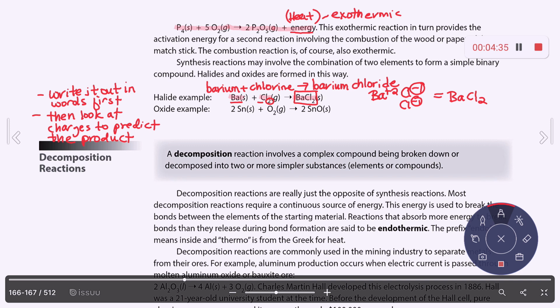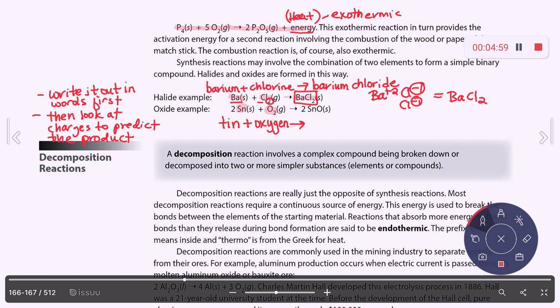So, in this other example, they've given us tin and oxygen. On the worksheet, you won't have the chemical formula of the product. You'll just have an arrow, and then you're supposed to write the product yourself. So you would write tin plus oxygen, and then you would bring those two together to write the name of the product.